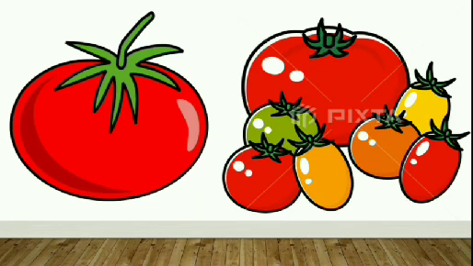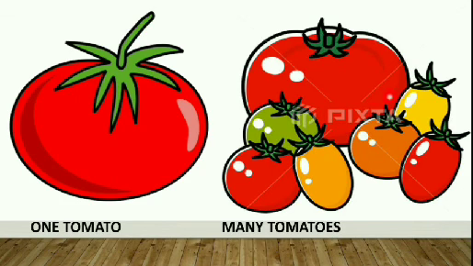Next example, this is a tomato, and here are many tomatoes. This is a singular tomato, but for the plural we say tomatoes.